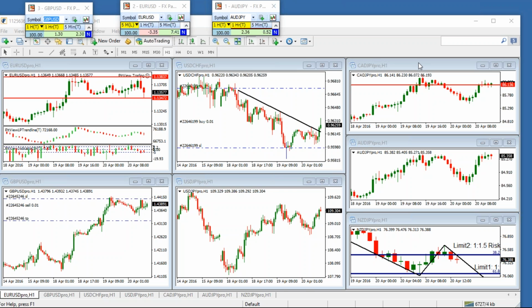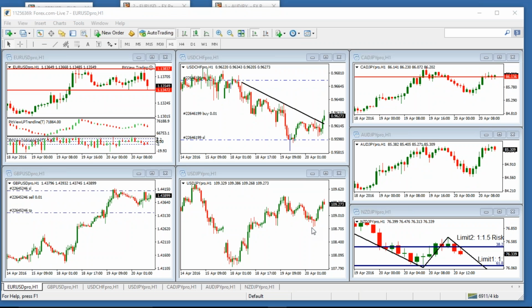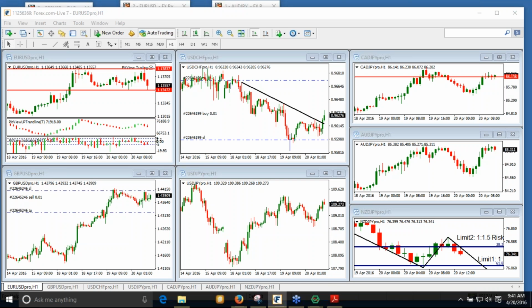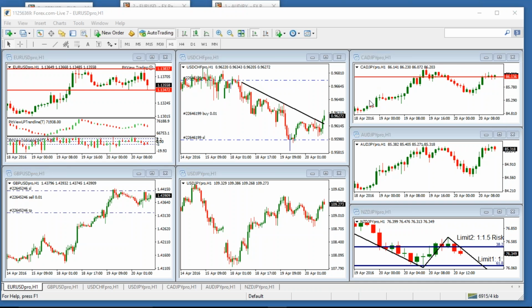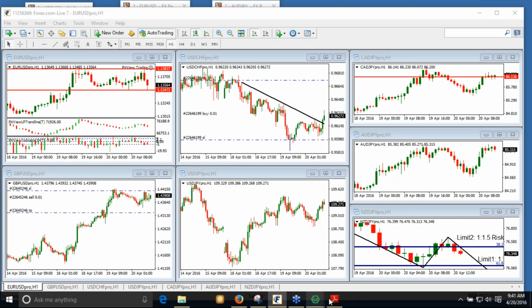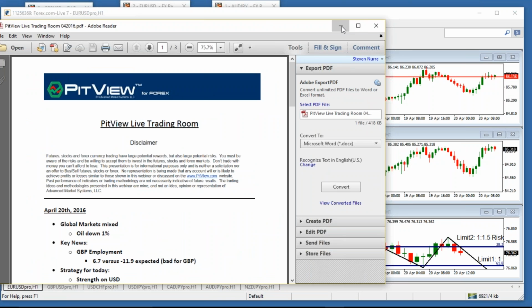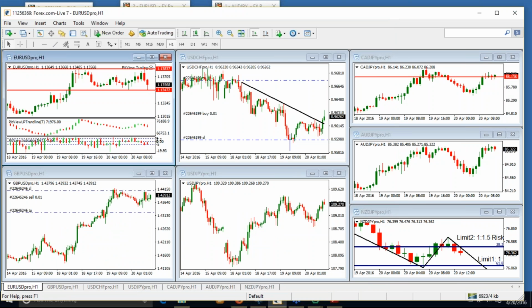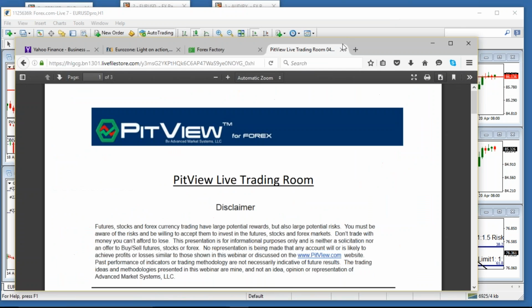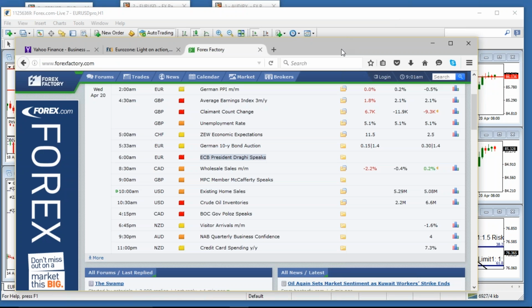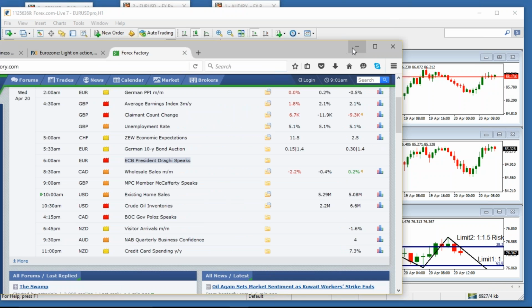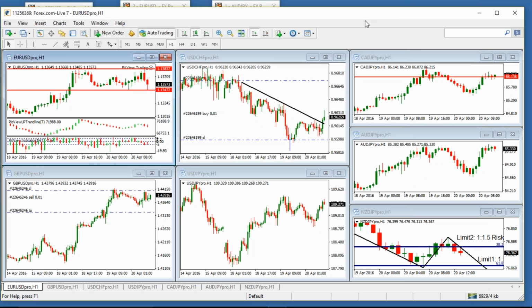So there's the handout. Sorry for the delay, folks. That was weird. I can't see the Word document on there for some reason. It's not the way I saved it, but that's all I have.